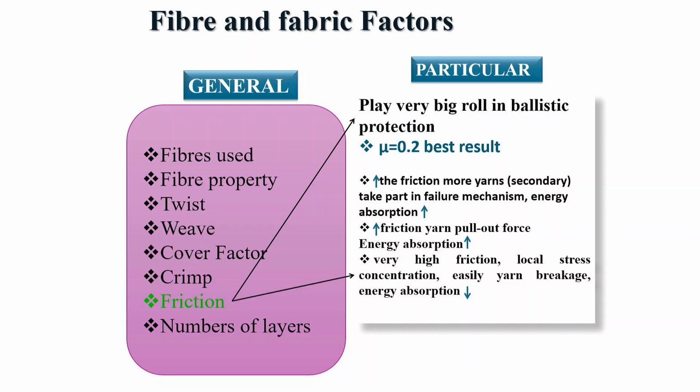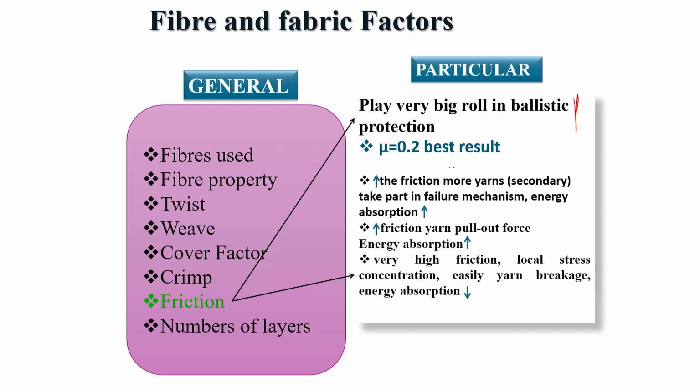Next is the friction. Friction plays a great role in ballistic protection. Friction means friction between yarn, between fiber, and even friction between the projectile material and the fiber. Everything is very, very important.